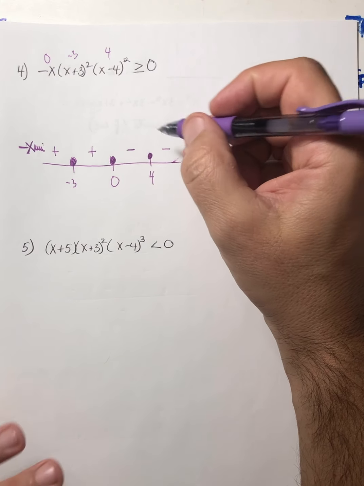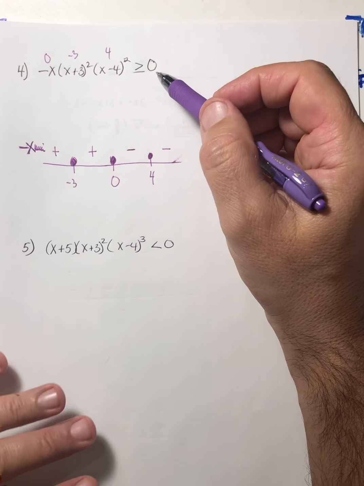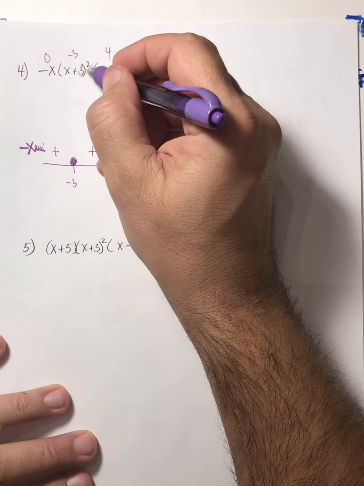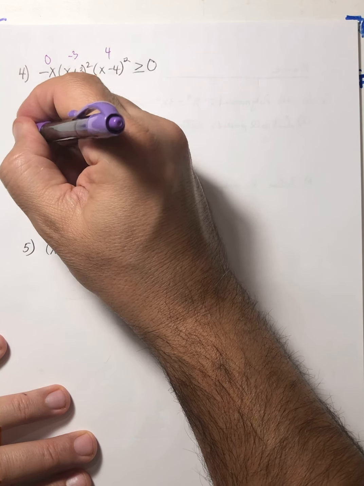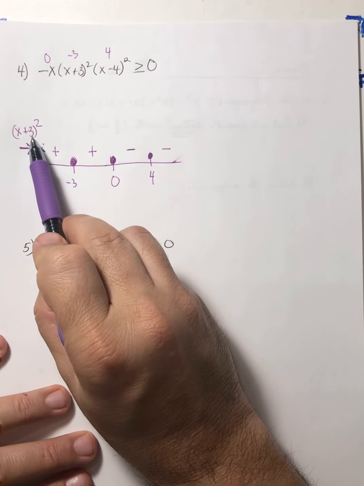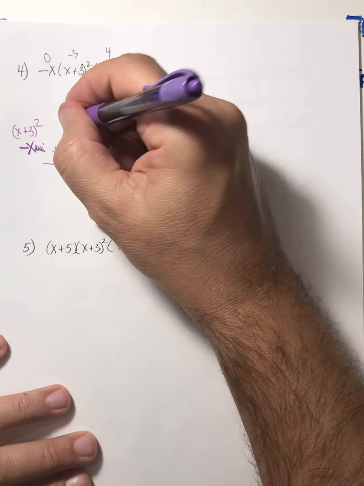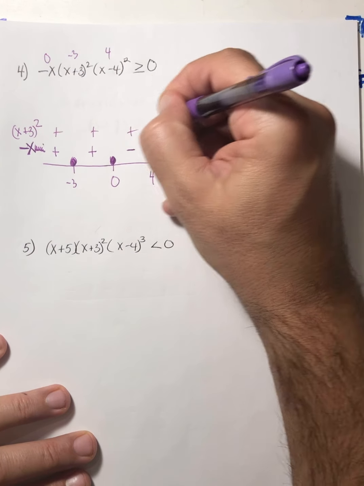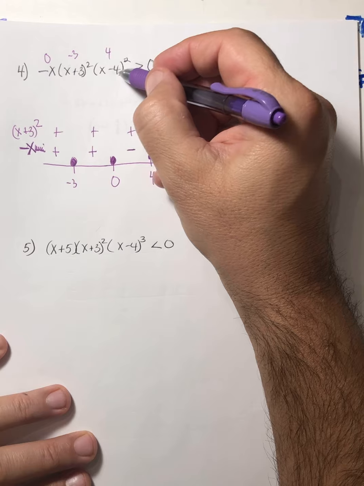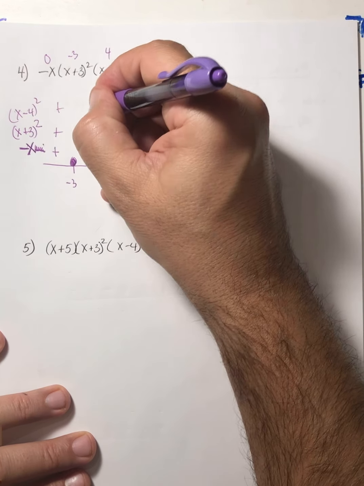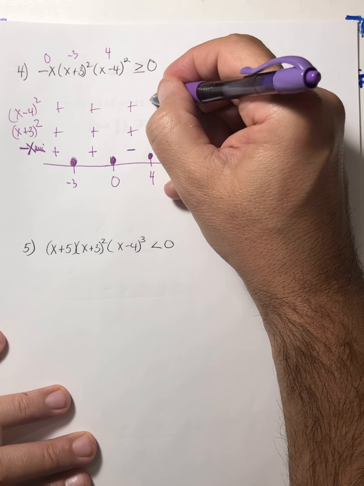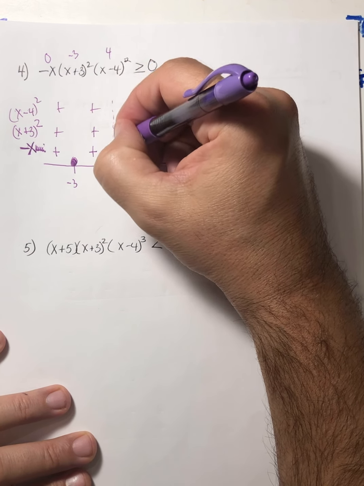That's just backwards, no big deal. Now we're at x plus 3 quantity squared. It's squared, nothing changes. Everything's positive. This one's even, x minus 4 quantity squared. Look at that, it's all pluses all the way across the board.